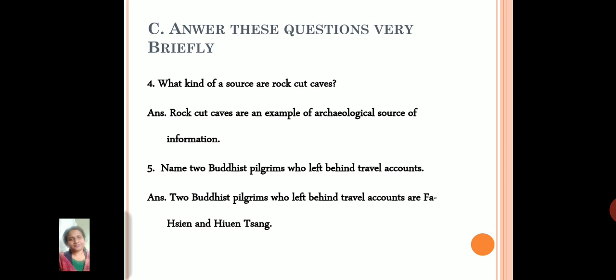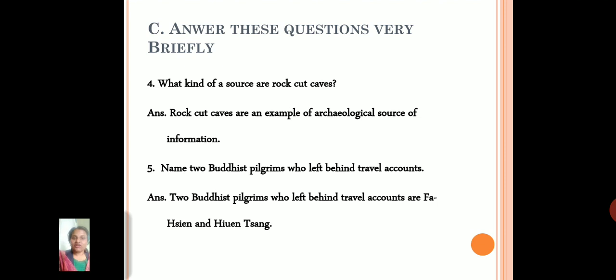Now let's write question number 4 from the textbook. Those who have not finished, or if I am going too fast for you, what should you do? Pause the video, finish writing the answer and then play the video again. That is the only way I think we will be able to finish our answers. So let's write the 4th question.